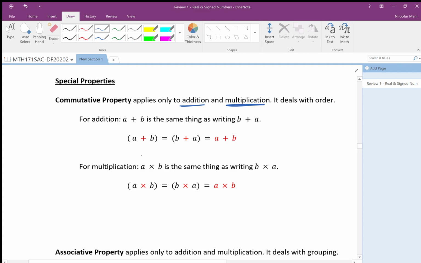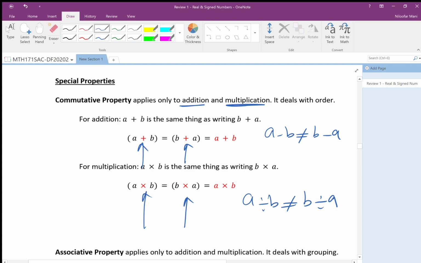It means A plus B is the same as B plus A, and A times B is the same as B times A, but it doesn't work for subtraction. A minus B is not the same as B minus A. A divided by B is not the same as B divided by A. It doesn't work. It's just for multiplication and addition.